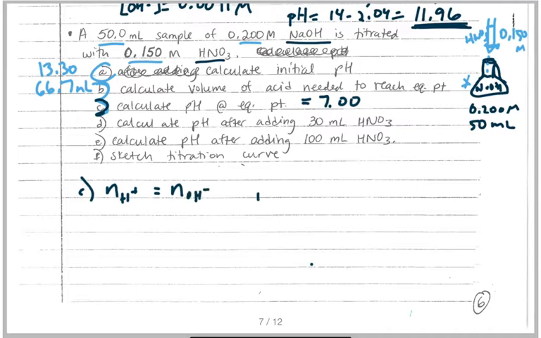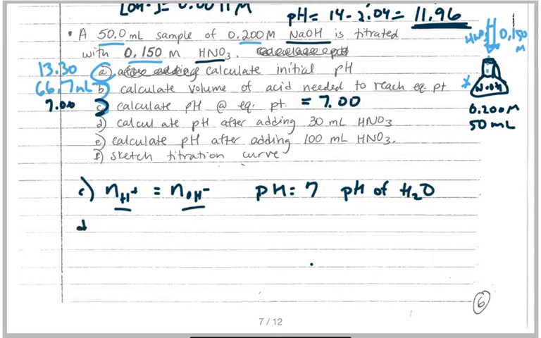That is the definition of a pH of 7, because the pH is simply the pH of water. There's no excess of hydrogen or hydroxide. They are equal. That is the definition of water and a neutral pH. So the pH at the equivalence point is going to be 7.00.